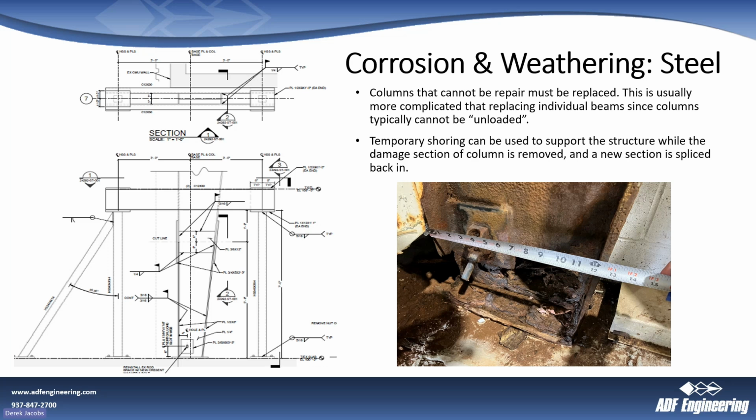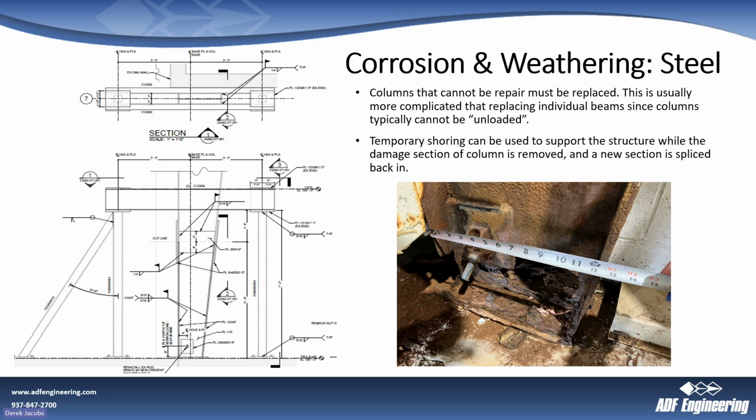So this is an example of a project we did where we had a steel column from a pre-engineered metal building, big warehouse building. You can kind of see here in the picture, the bottom of it was almost completely eaten away, and it just couldn't be repaired. So we put some temporary shoring in.